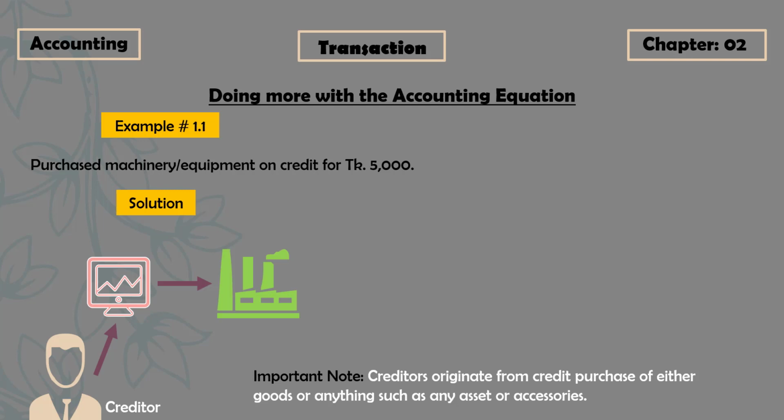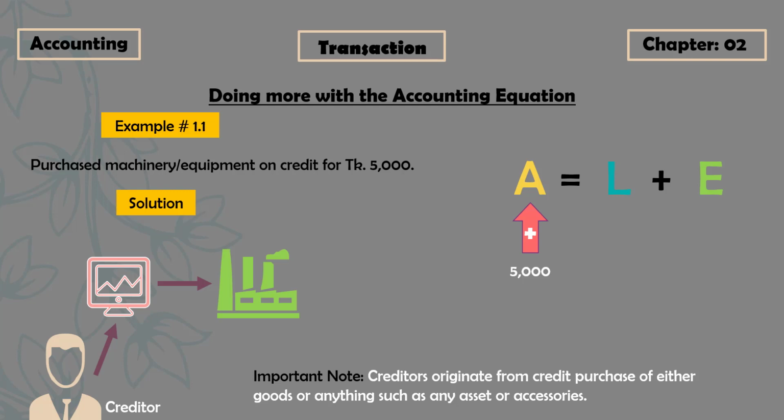That means it is a non-cash transaction. So when we purchase any machinery or goods on credit, a creditor arises. By this transaction, A will increase because machinery is an asset.